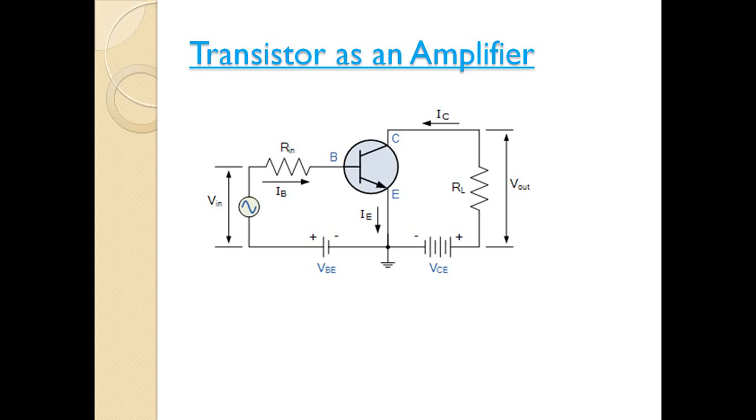Alpha dash can be said to be the ratio of the change in the collector current to the change in the emitter current at constant collector to base voltage, and it is also called the small signal forward short circuit current transfer ratio. So this is the main application of your transistor.